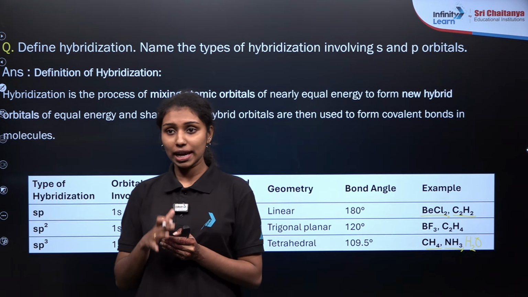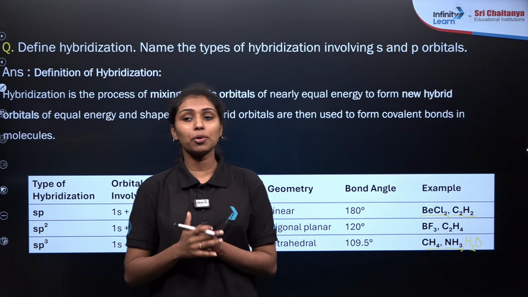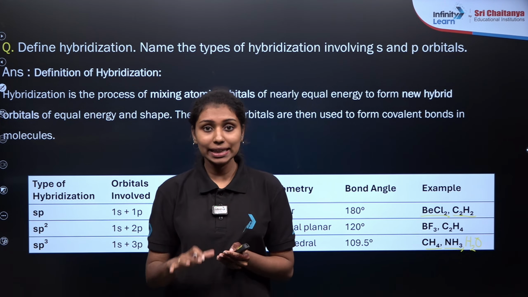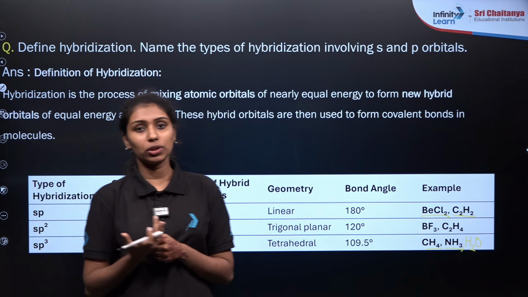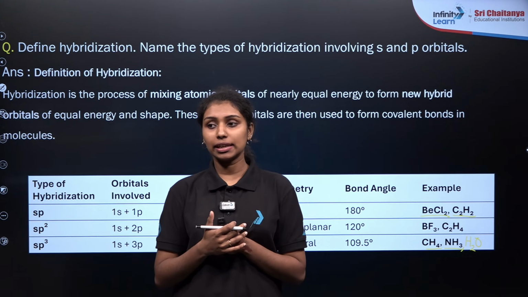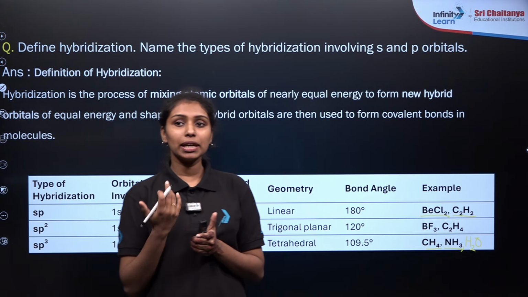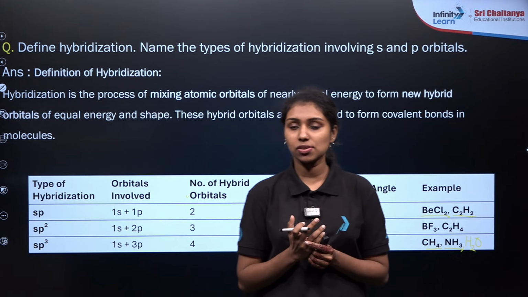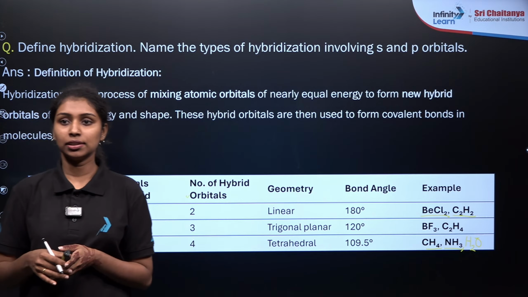I am just giving a brief idea about the chemical bonding chapter. When you study in grade 11, you will get a proper idea about chemical bonding and molecular structure. In that chapter, we will discuss molecular orbital theory and VSEPR theory in detail. So I hope you understand. In the next class, I will come back with questions based on chemical bonding, and we will try to revise the complete chapter.